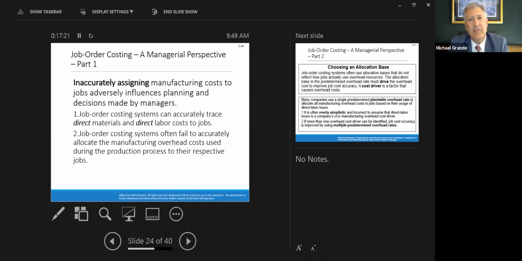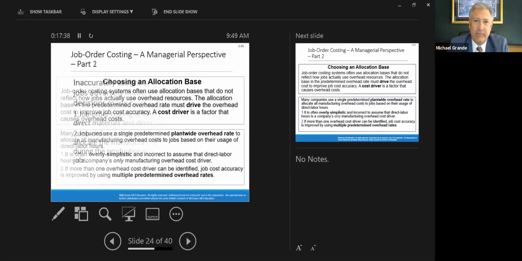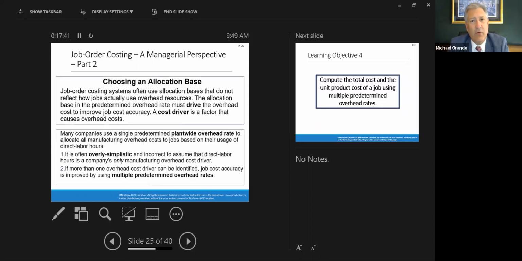So here it goes on to say, job order costing systems can accurately trace direct materials and direct labor costs of jobs. We just talked about that. Job order costing systems often fail to accurately allocate manufacturing overhead costs used during the production process to their respective jobs. So it's very important to choose an allocation base.